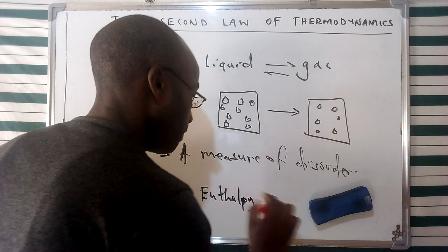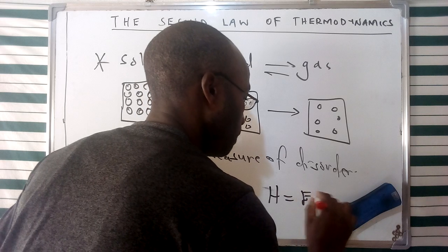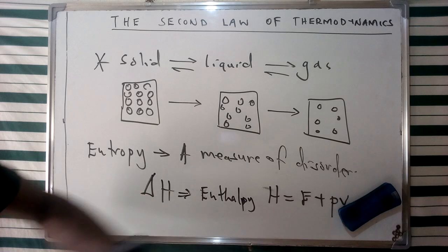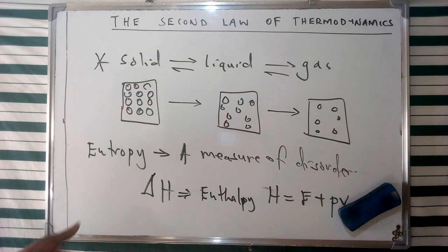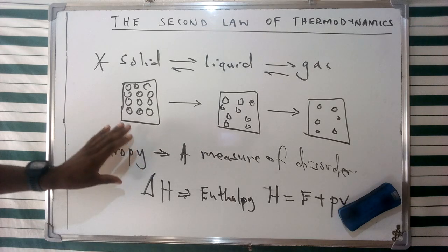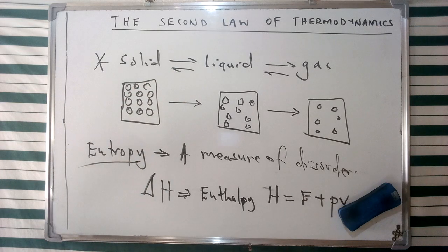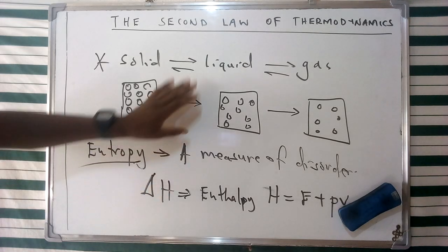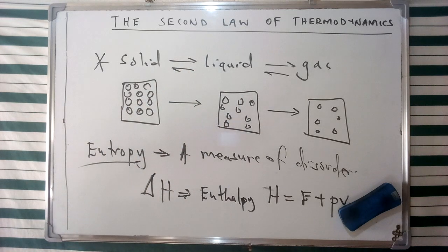I would say that enthalpy is a state function, which is given as H equals E plus PV. And we say that this is a state function that is dependent on its current state and not the history of that specific system. So we're going to see also that entropy is a state function, and it's going to form a basis for the spontaneous or natural processes that I've just illustrated above.